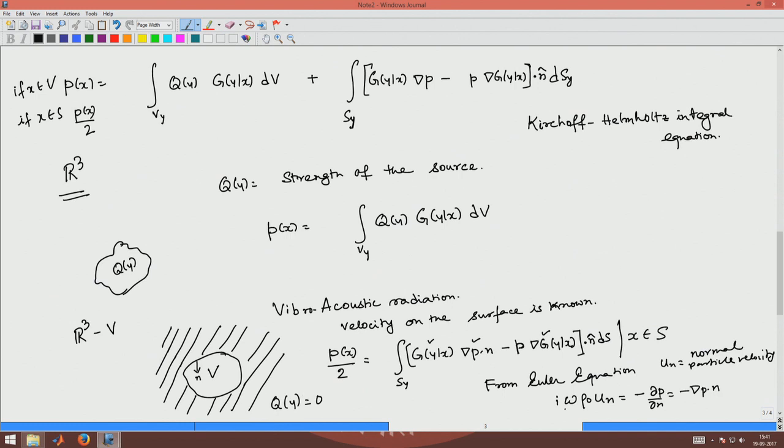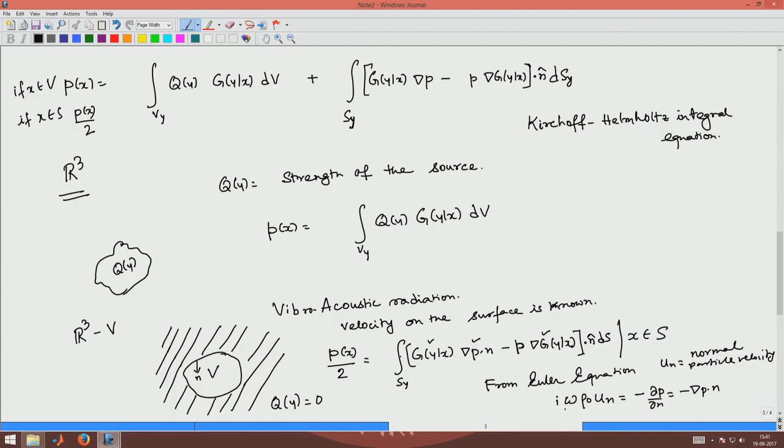Therefore, there are no volume integrals left, and you are left with a surface integral of the Green's function. So, what we have is a well posed problem which can be solved numerically, and the numerical procedure essentially is a methodology by which you discretize this boundary, and once this boundary is discretized, you should be able to get the solution of the pressure at discrete points on the boundary.